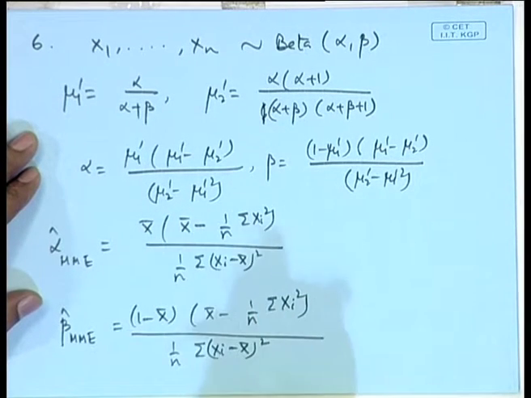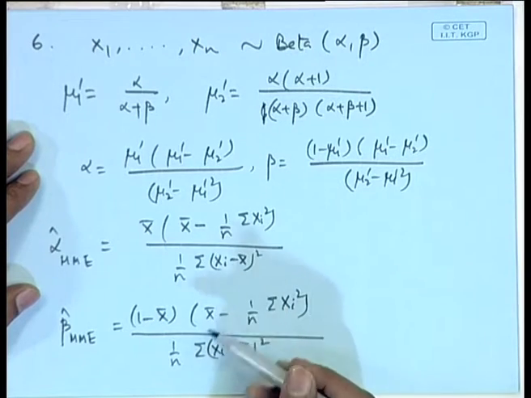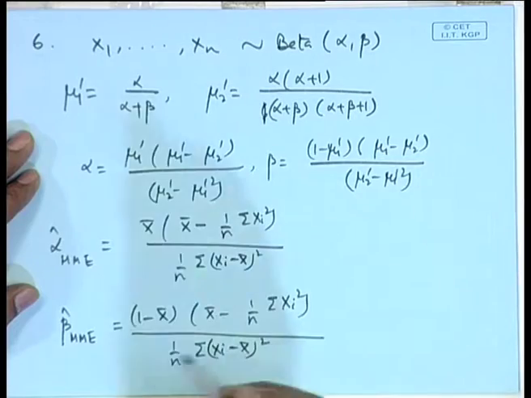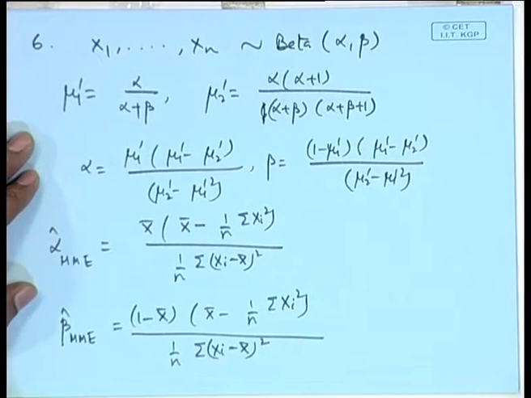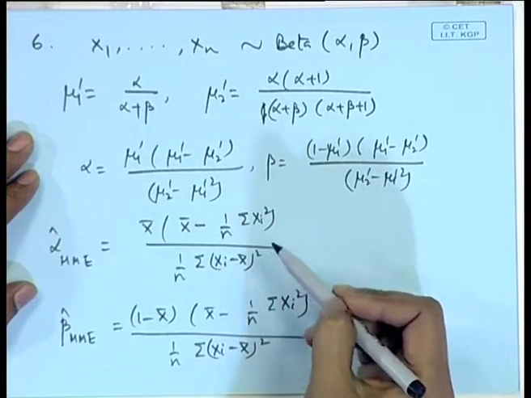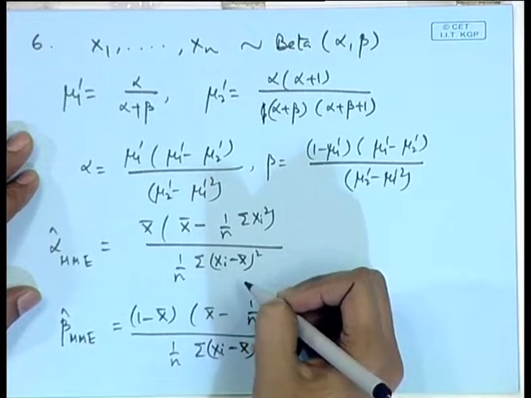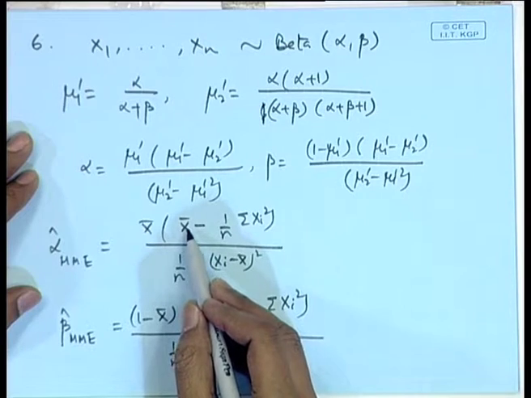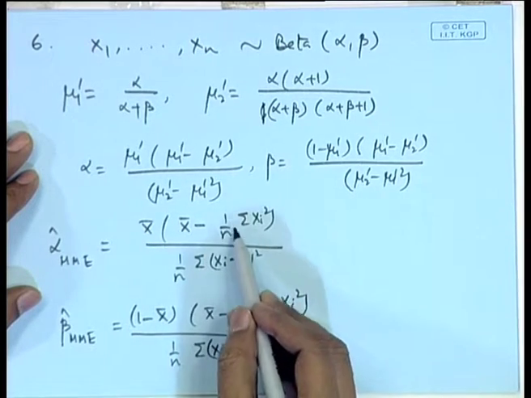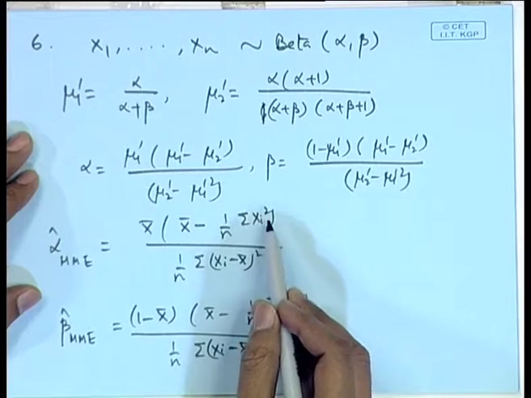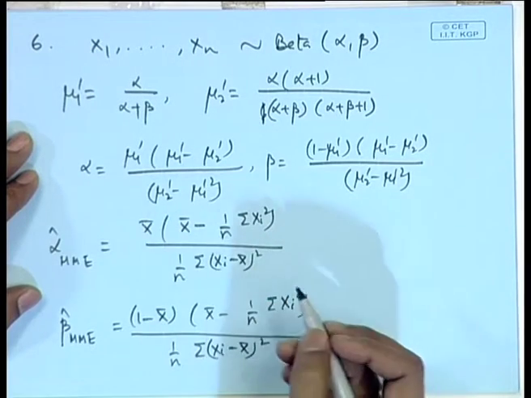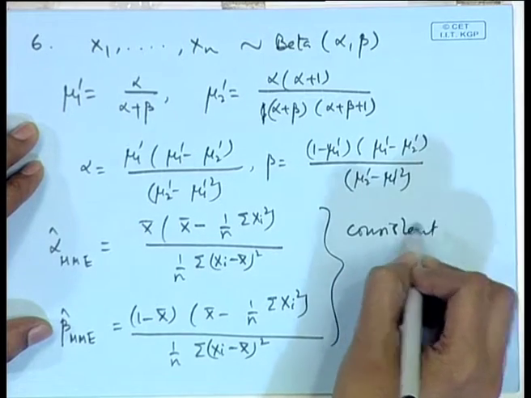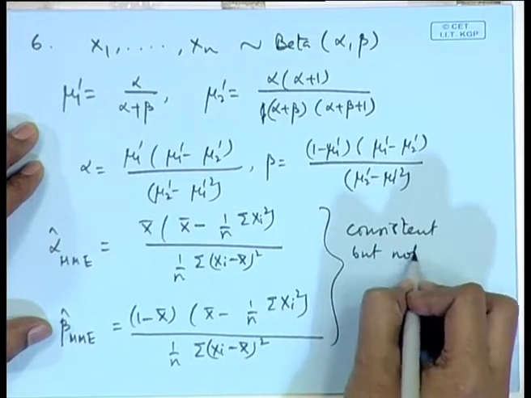In all these cases, you can see that checking of the unbiasedness is extremely difficult. In fact, they will not be unbiased. Of course, consistency may still hold in most of the situations if the denominator is non-vanishing. For example, here the x bar will be consistent for mu 1 prime and 1 by n sigma xi square will be consistent for mu 2 prime, and therefore, they will be consistent, but not unbiased.